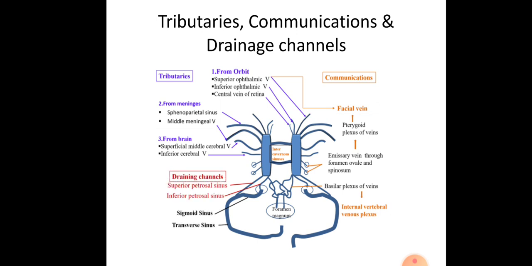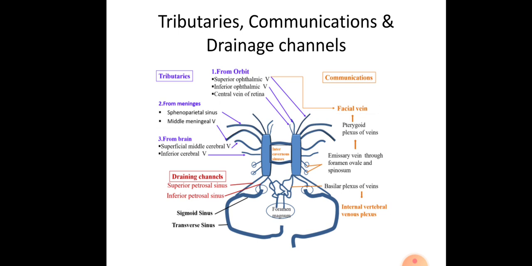There are these two. Posteriorly you can see, at the junction of the transverse sinus and sigmoid sinus, there is a connection, that is the superior petrosal sinus. And lower down, the sigmoid sinus goes out and continues as the internal jugular vein. And there, the inferior petrosal sinus also goes out and drains into the internal jugular vein as the first tributary of the internal jugular vein.